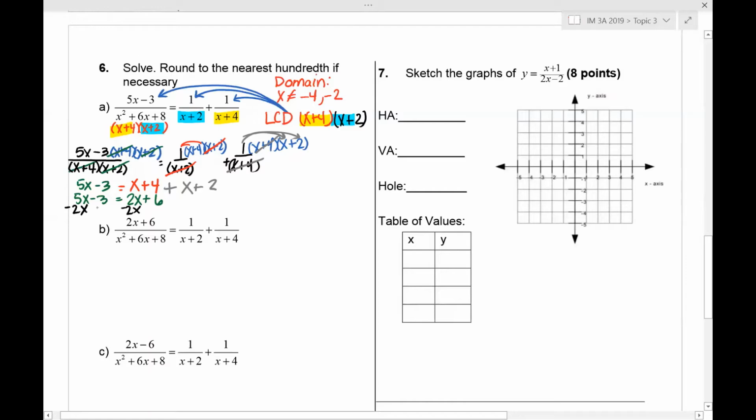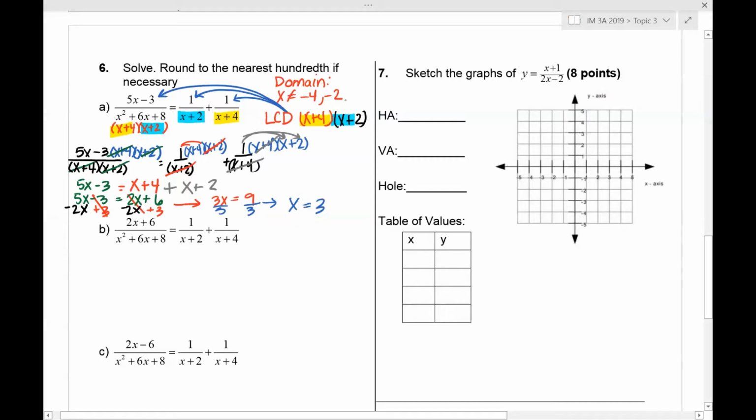So if I subtract 2x and I add 3, that's going to give me 3x equals 9. So if I divide by 3, that tells me that x is 3.